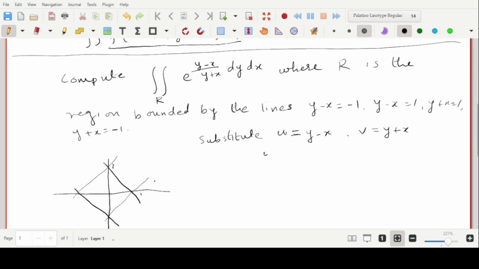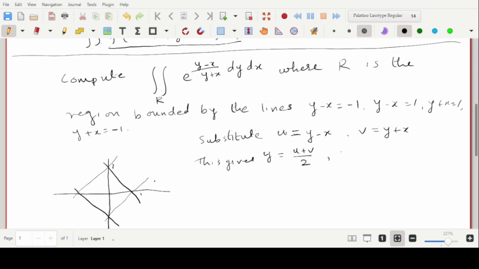So y equals u plus v over 2. And if we subtract the first equation from the second, y annihilates and we get 2 times x equal to v minus u.